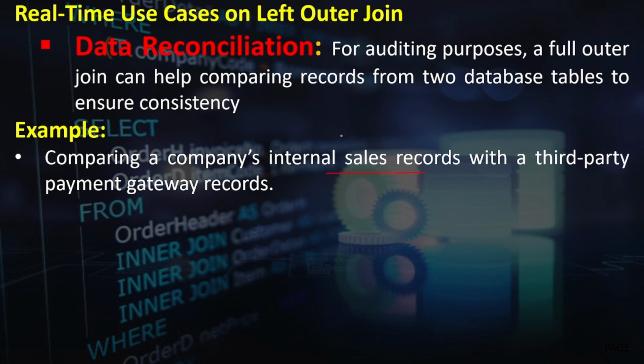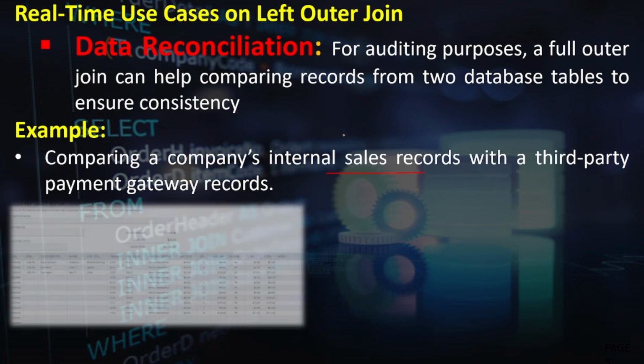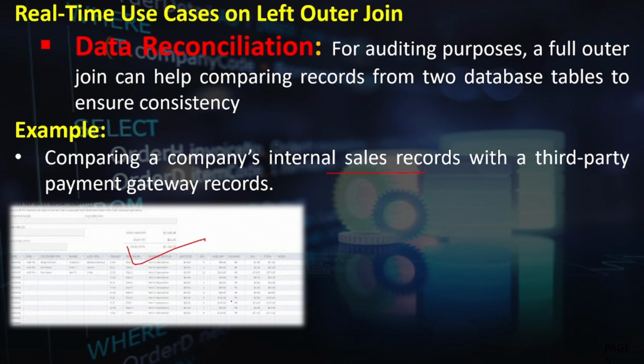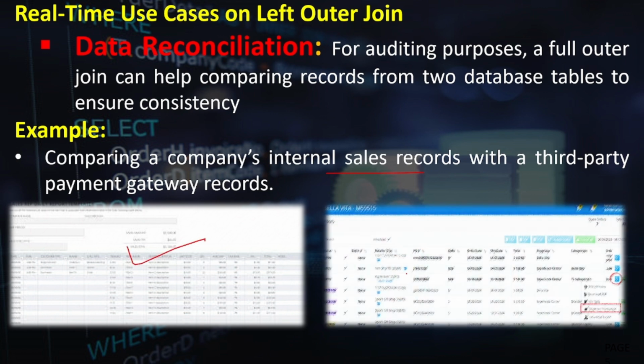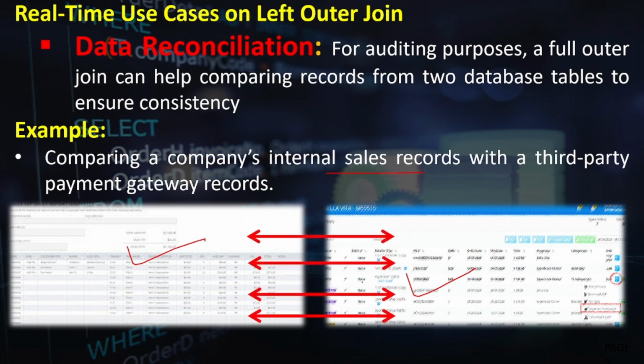And here, full outer join comes into the picture. So this is your sales report, and these are the payments that you have received through the payment gateway, and this way you are comparing. You have seen that full outer join is significant in this scenario as well.